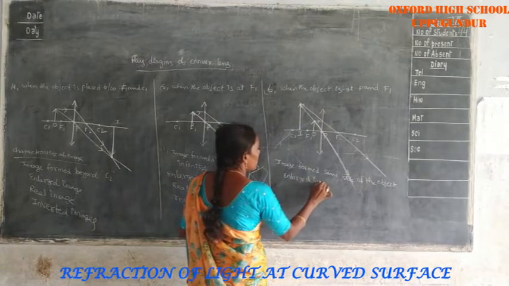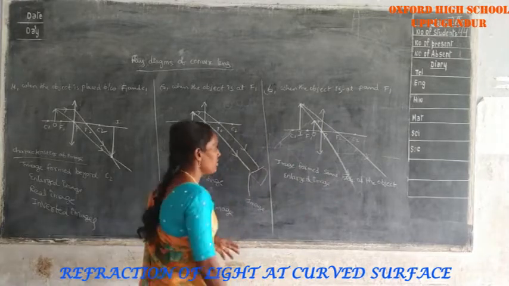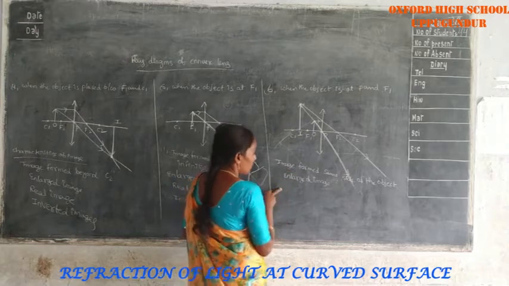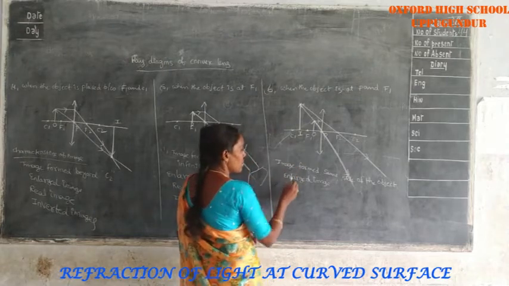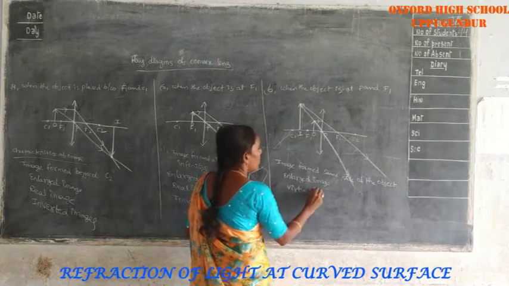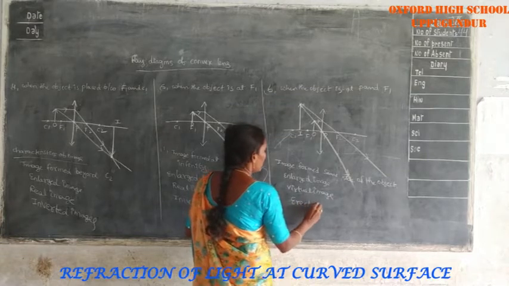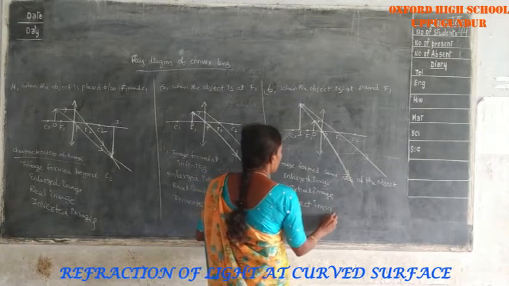Magnified image or enlarged image, both give the same meaning. And next, this image cannot be captured on the screen. That's why it is a virtual image. All virtual images are erect images.